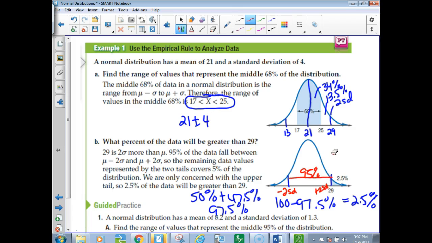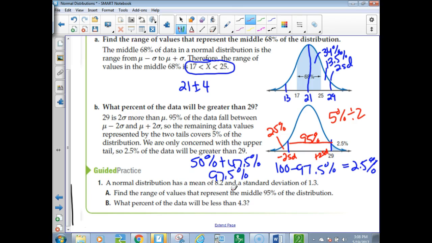Then you would only have 5% left, and so you'd have to divide that by 2 to get 2.5. For whatever way you see it, maybe you like that better? Okay, so if you know 95% is within 2 standard deviations, you have 5% left for the tails, which you have to share, 2.5% on either side. Okay?